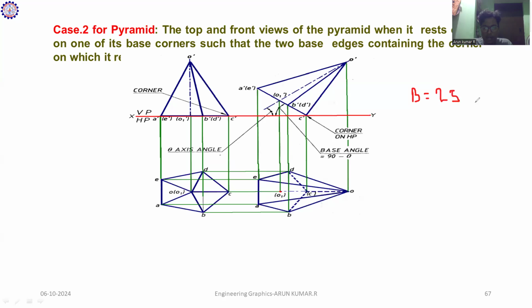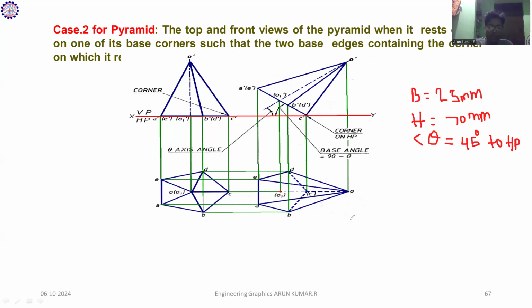Next, I consider the height of the pyramid as 70 mm, just for understanding, because a solid's length can be very high. Another important data is theta, the angle to HP, and here I take 45 degrees. This is the data given for this numerical problem.